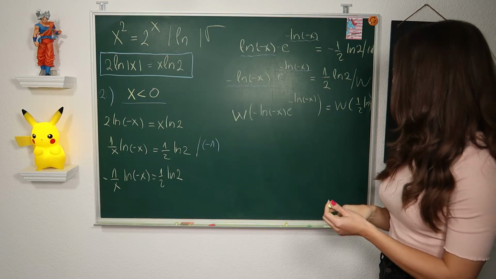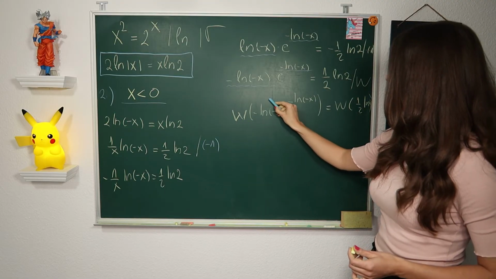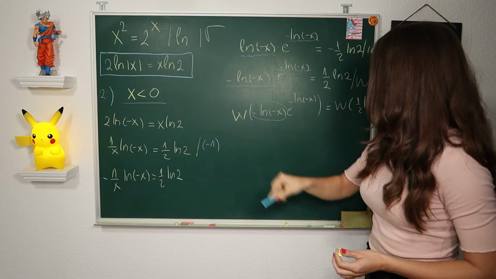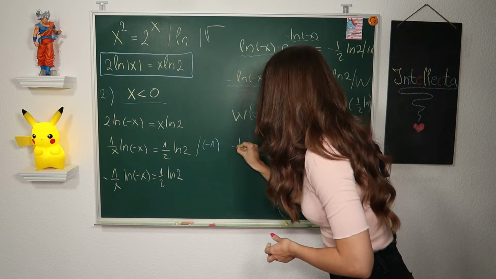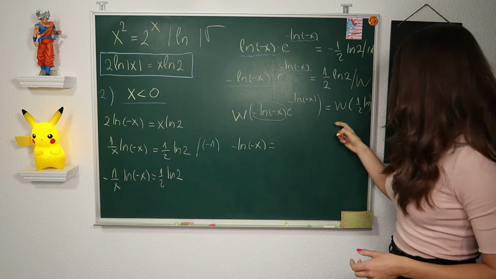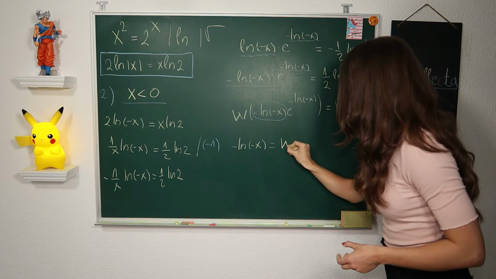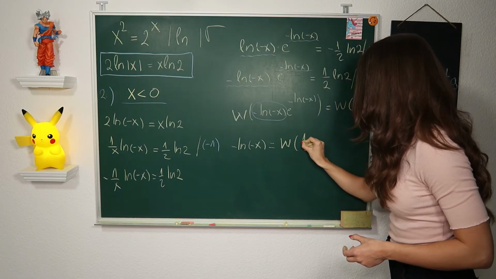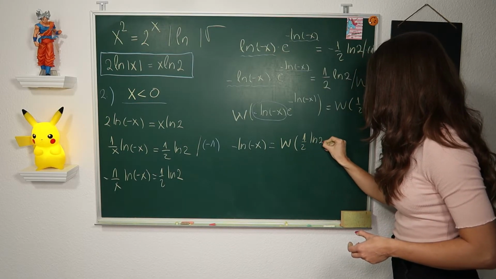Okay, what now? If we have this here, we will get just this here, and we have negative ln of negative x is equal to W of what? 1 over 2 ln of 2.